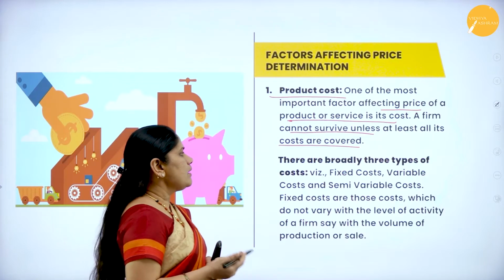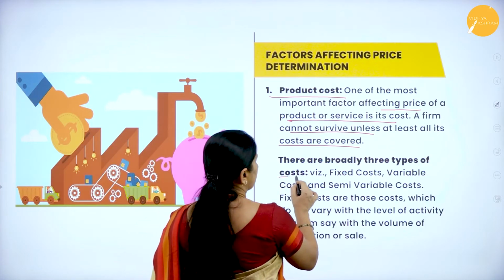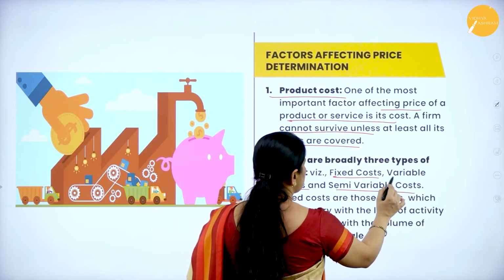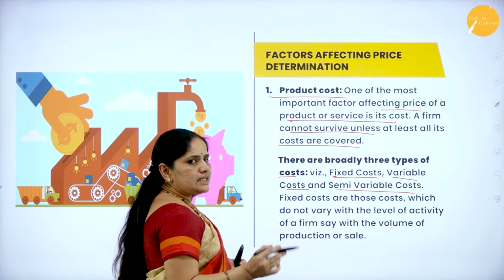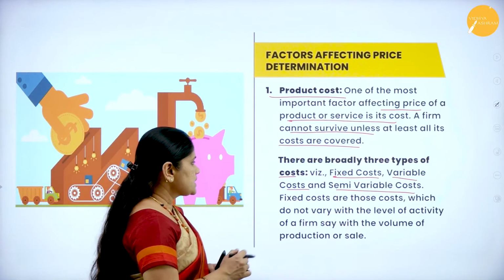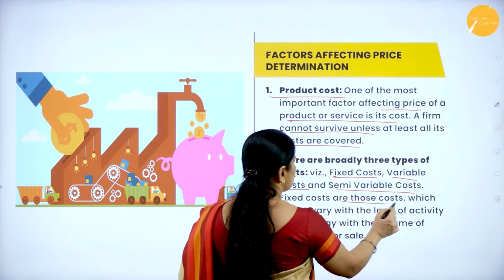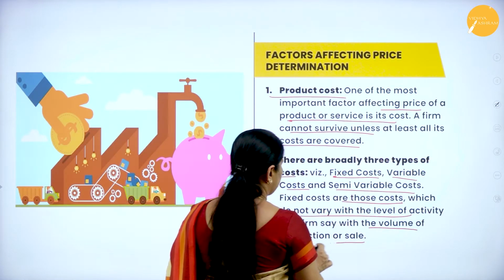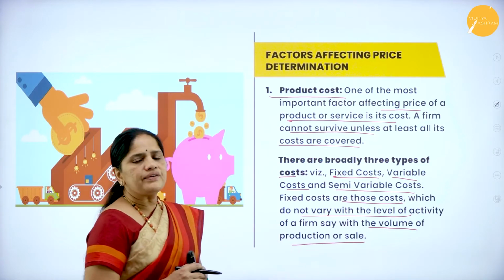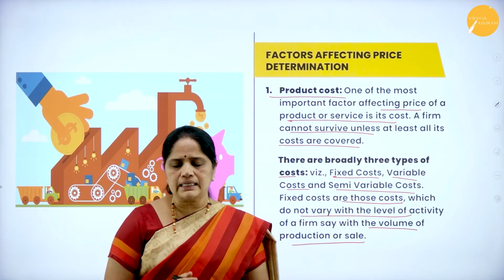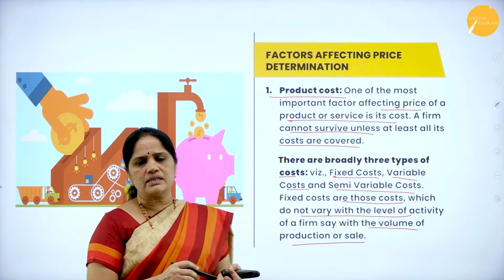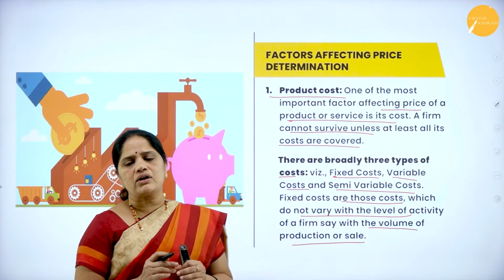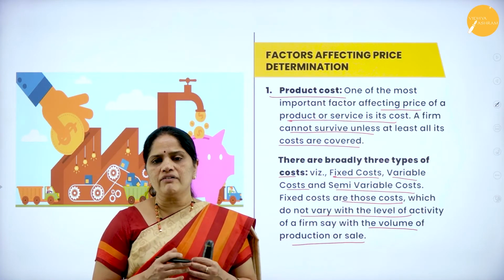They are broadly classified into three types of cost, that is the fixed cost, variable cost and the semi-variable cost. Now, let us see what are the fixed costs. Fixed costs are those costs which do not vary with the level of activity of a firm, say with the volume of production or sale. The fixed costs remain constant for any level of production.